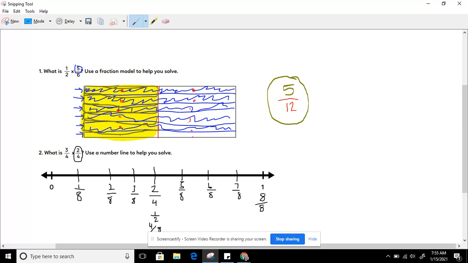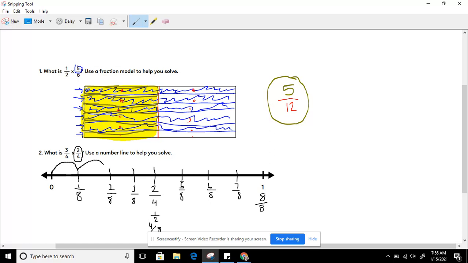Okay, so now let's look back at our first fraction again, 3/4. We're done with our denominator. We broke up each side by 4. Our numerator is 3. Our numerator is telling us how many jumps we have to make from 0. So we're starting at 0, and we need to make 3 jumps because our numerator is 3. From 0 to 1/8 is 1 jump.